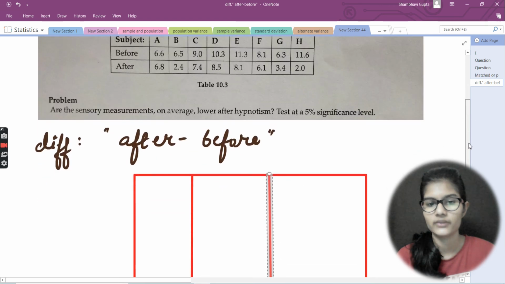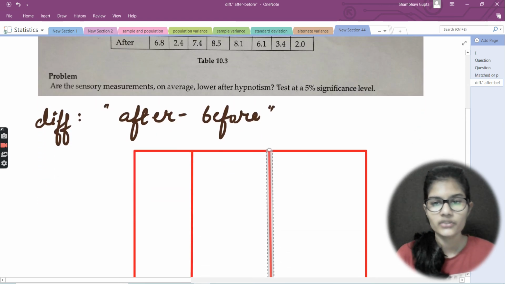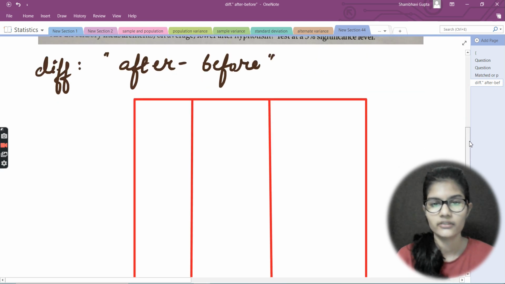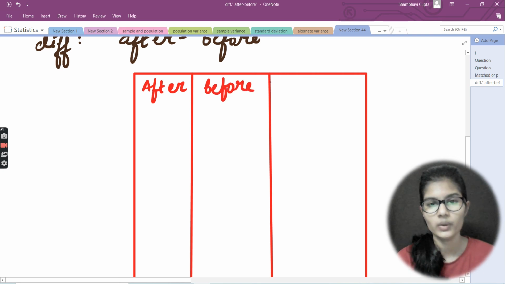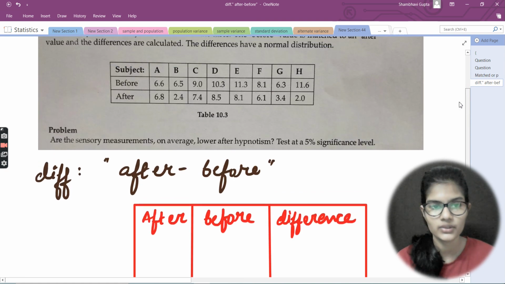Now let's get started. First we'll write all the after values, then the before, and at last the difference. So this one is for the after, this one is for the before, and this one is for the difference.